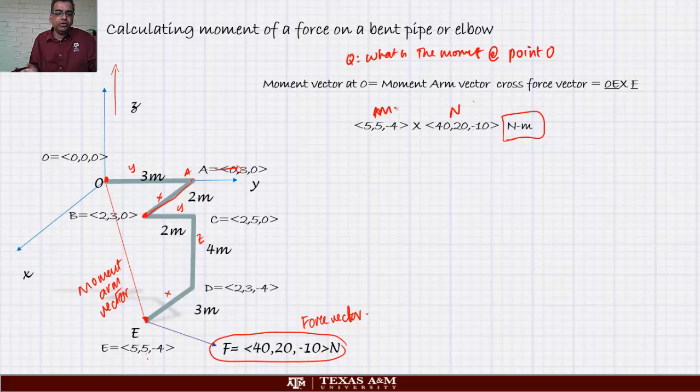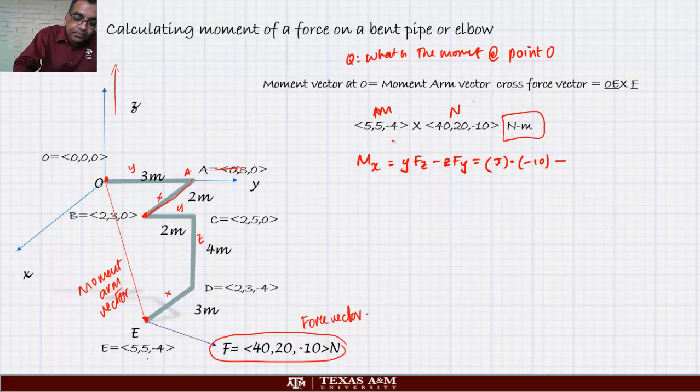Another way, what I usually do, because I like to do this, is to say Mx equals yFz minus zFy, which turns out to be, y is 5 times Fz is minus 10, minus z is minus 4 times Fy is 20, which equals 30 Newton meters.